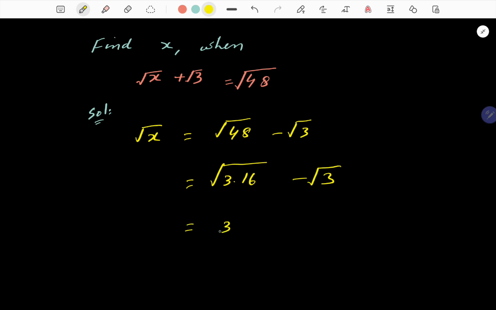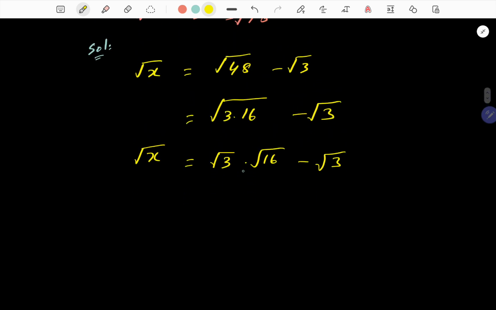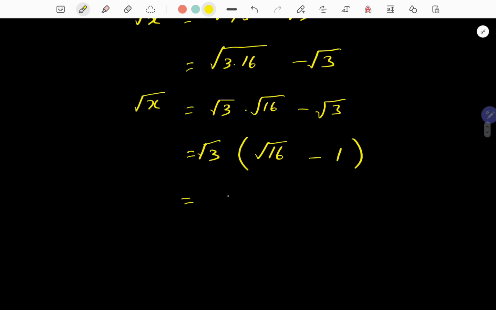We can write it as square root of 3 into 16 minus square root of 3. We can write it as square root of 3 into square root of 16 minus square root of 3. Taking square root of 3 common, we get square root of 16 minus 1, that is square root of 3.